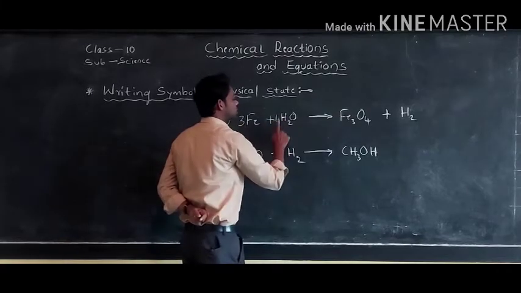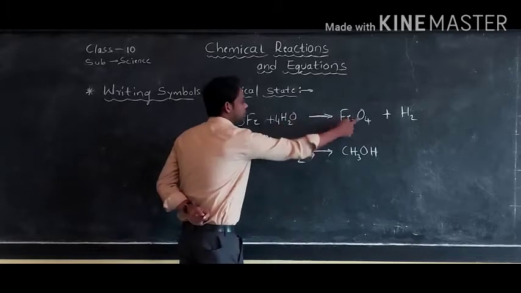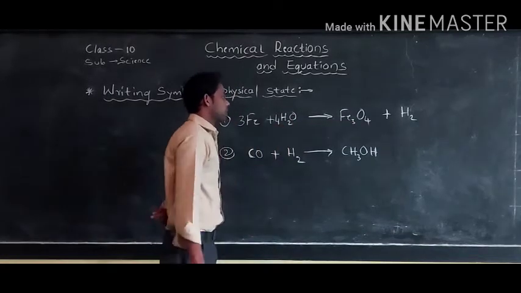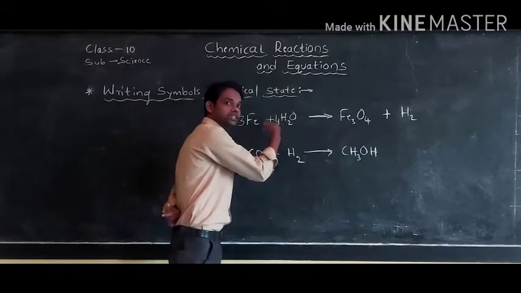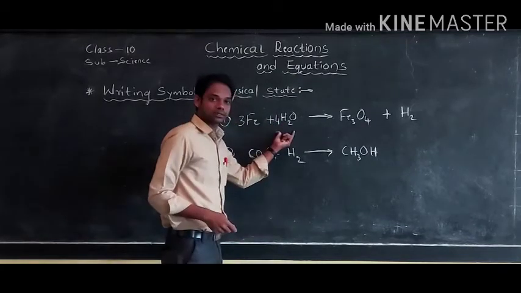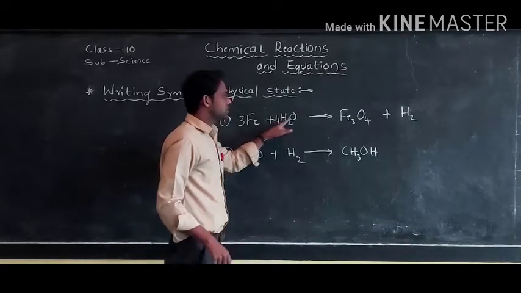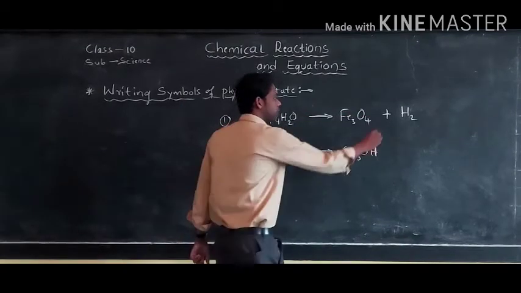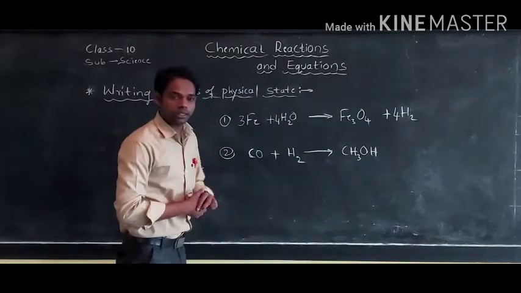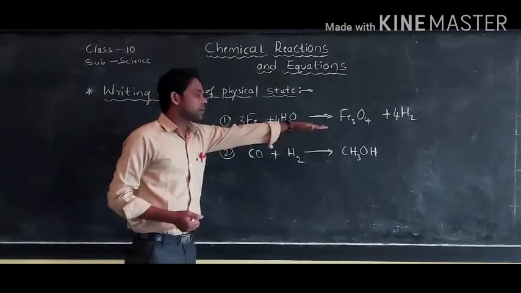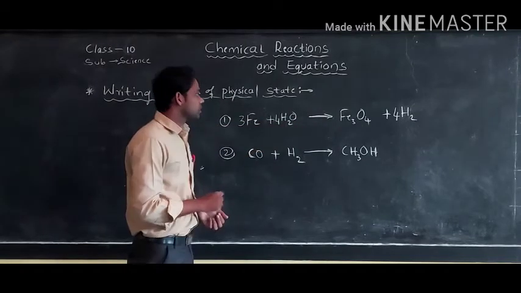Now the number of oxygens is 4. But the number of hydrogens is now 8 in the product, which has increased. Here only 2, so I will make it 4. Understood friends? Now it is a balanced chemical equation by hit and trial method.